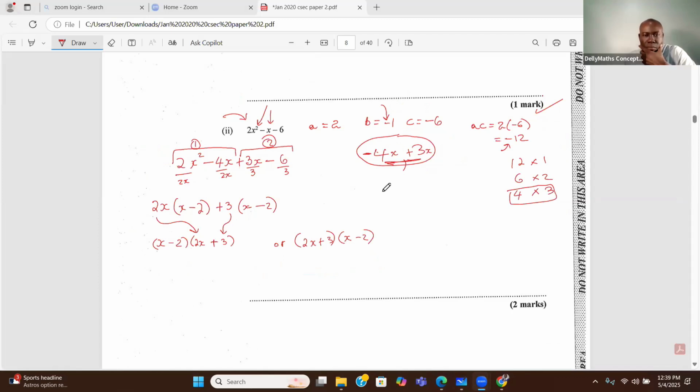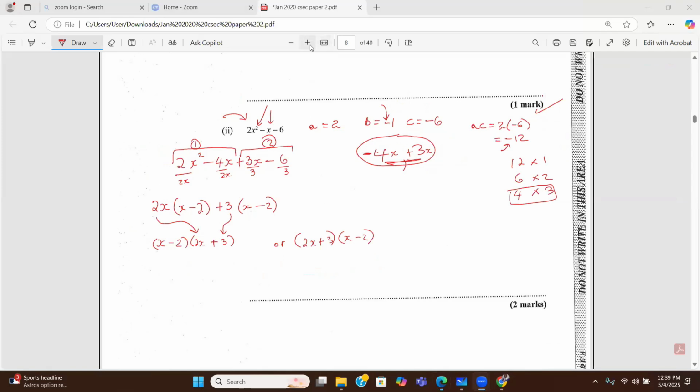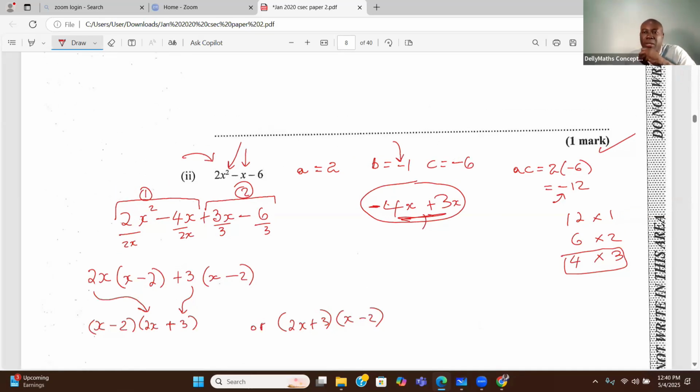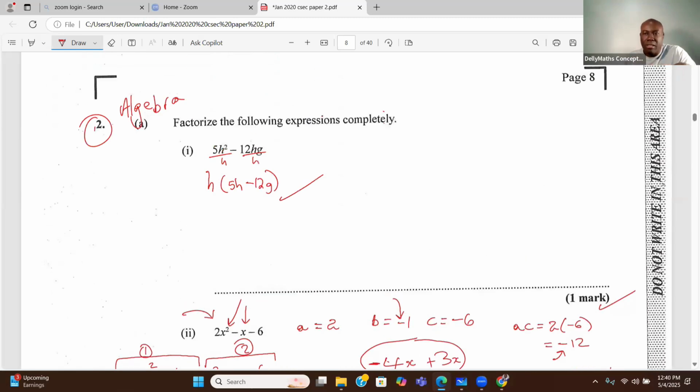All right. Sir, you said 4 different types of algebra factorization. Sir, we just did 2 types right now. Matter of fact, we did 3. You see, when I said 4, you might think it's some big things, but the first one was done here. So let me show you what I mean.